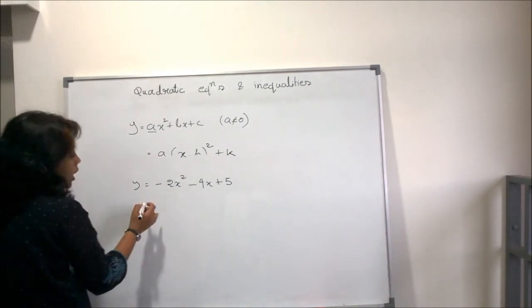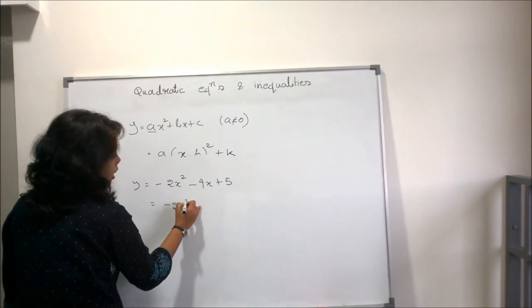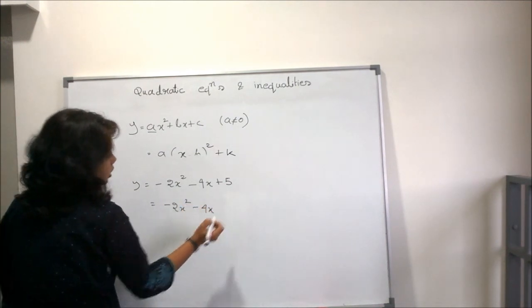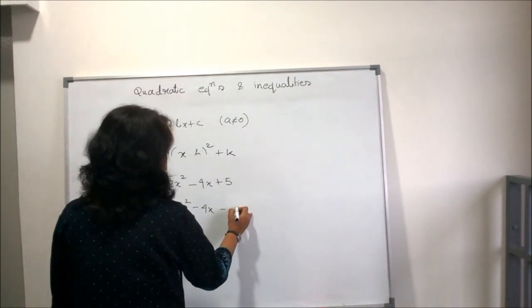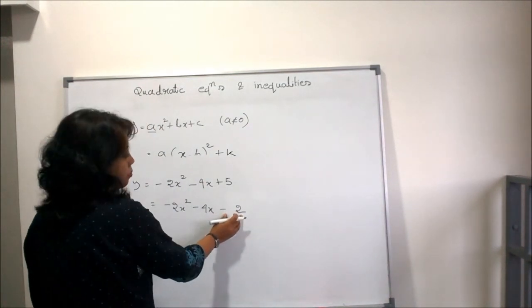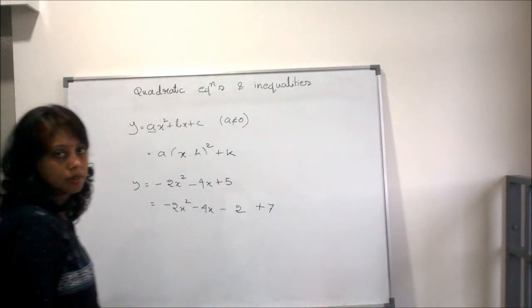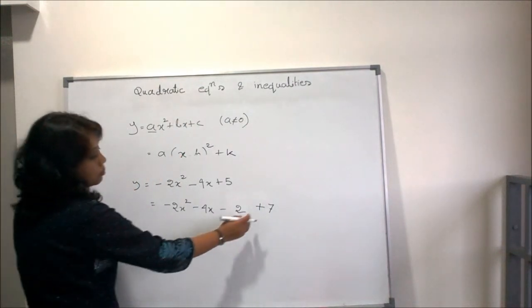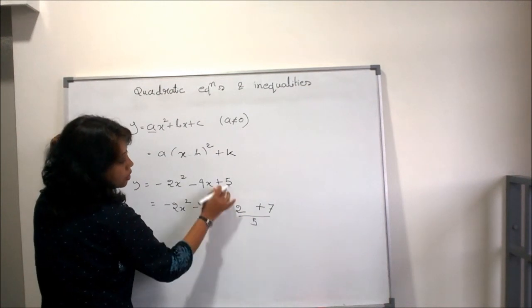Okay, so here you see, we take minus 2x square minus 4x, and we are taking out minus 2. So as we have taken out minus 2, we have to add plus 7. Okay, so plus 7 minus 2 gives us 5.